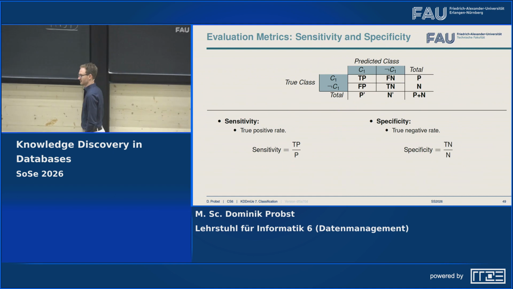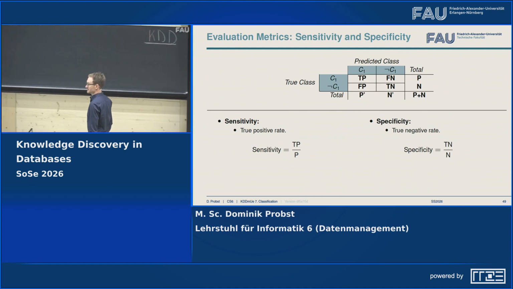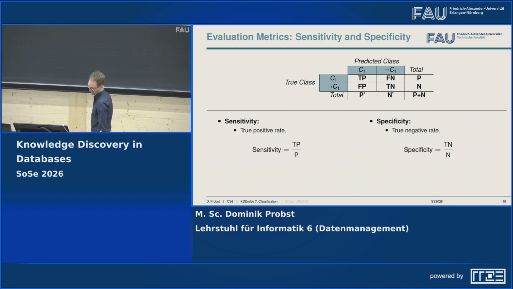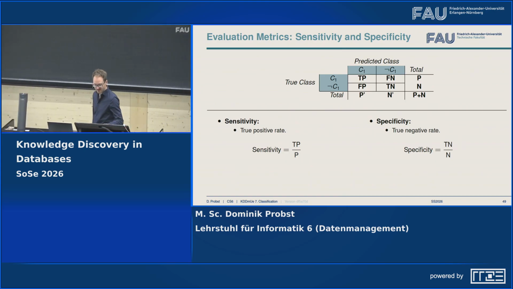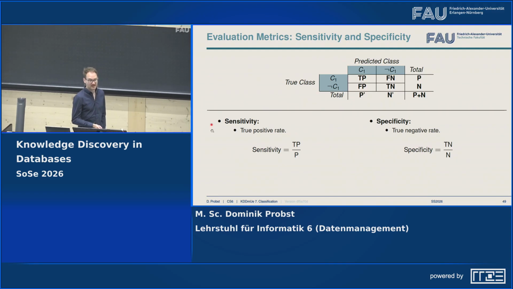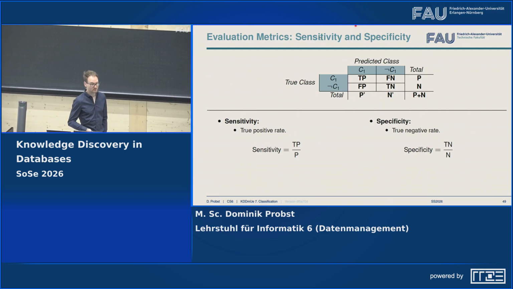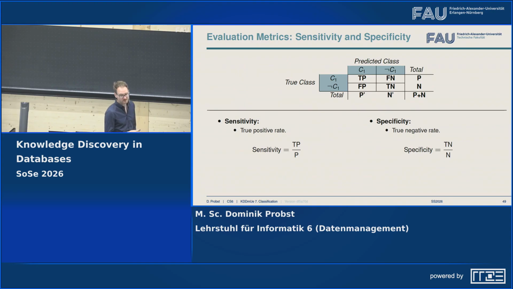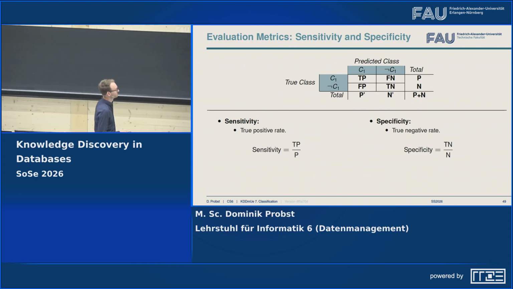If something is negative, it should be negative in our class. So these are more case-dependent measures. Depending on the case, whether it's more important that we really predict the positives or we are really predicting the negatives, then we are using sensitivity or specificity.